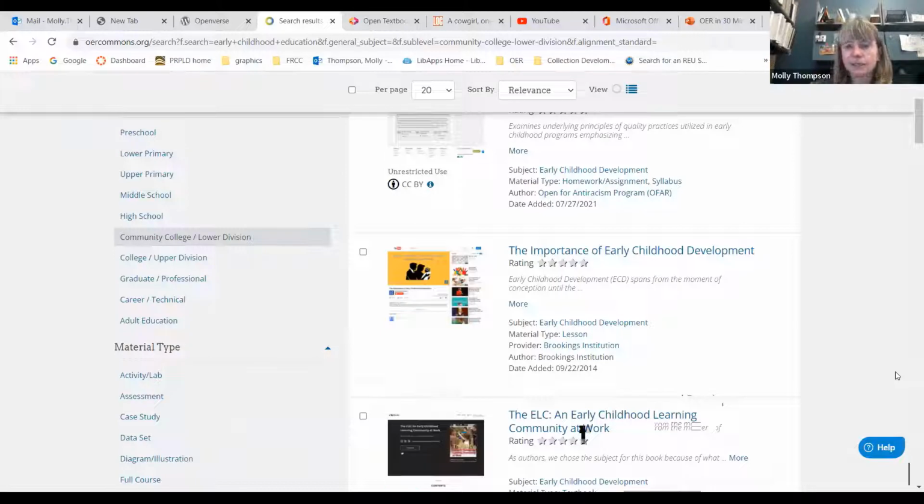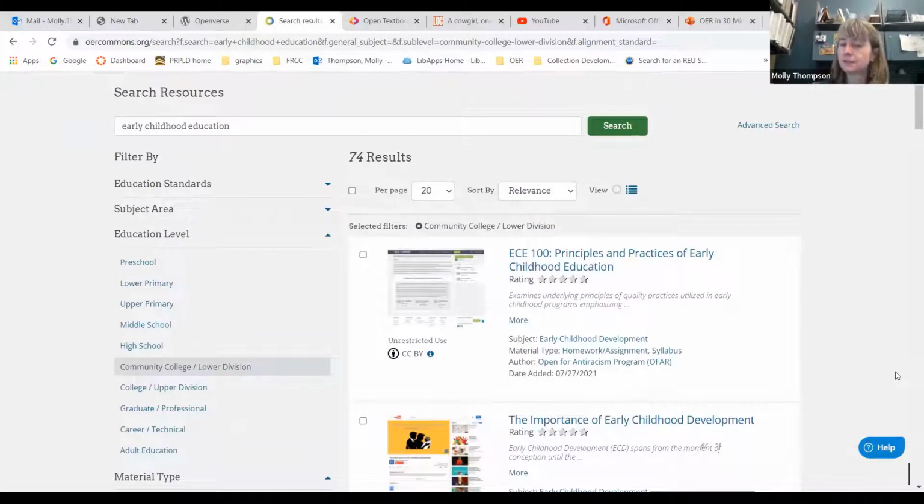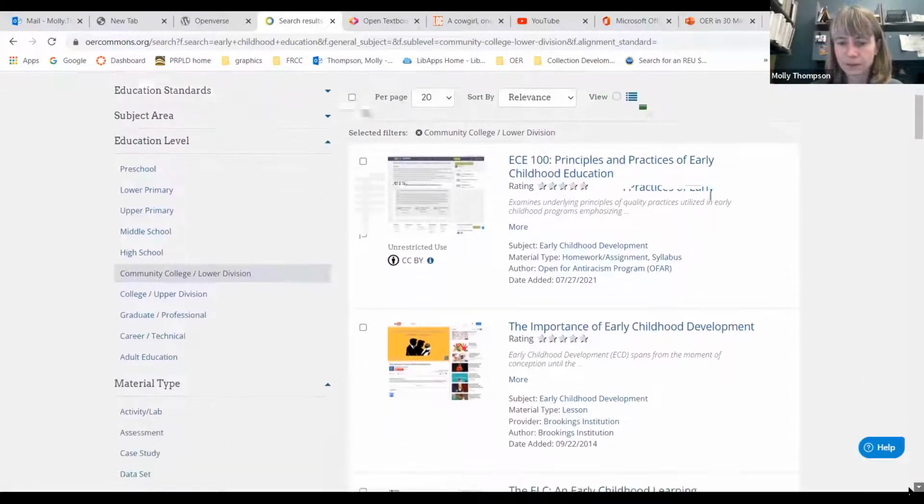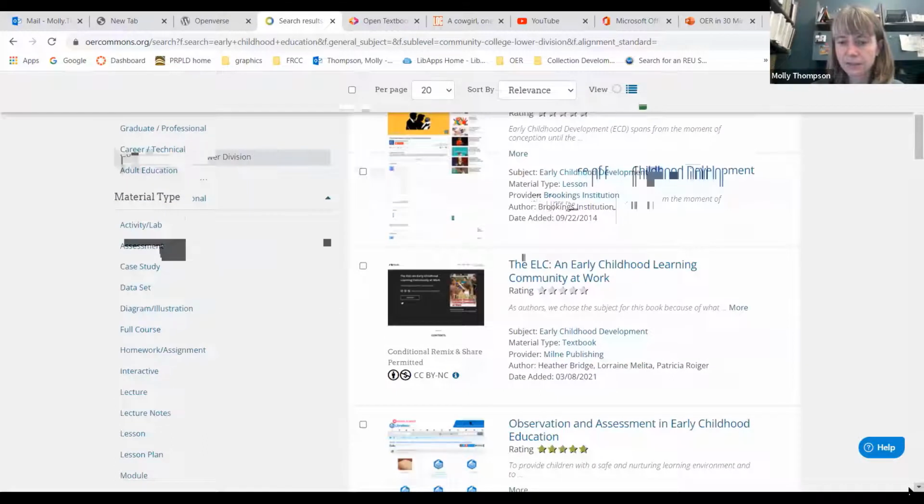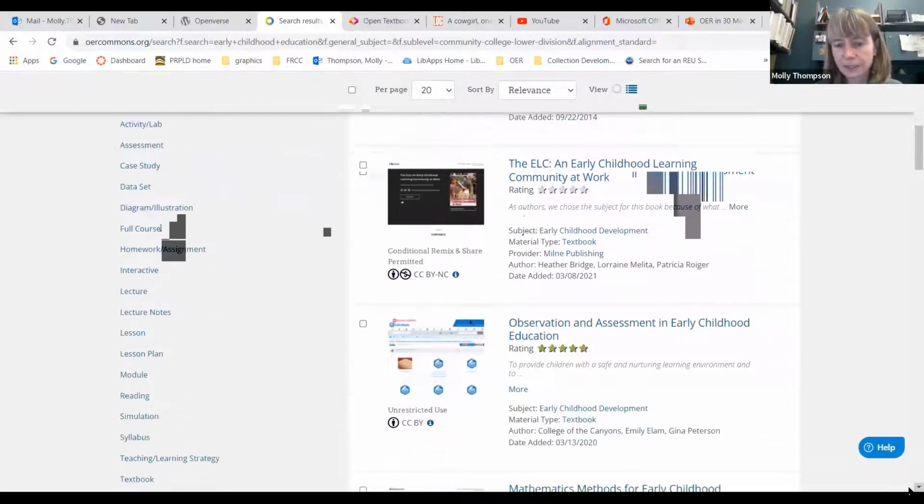And then they do have ratings. So ratings work really well for Amazon, and they also work well for OER. So sometimes you'll find materials here that have been rated. I don't know if you can put a lot of stock in those ratings or not, but here you got it.